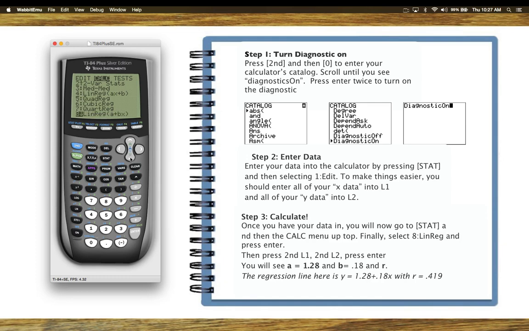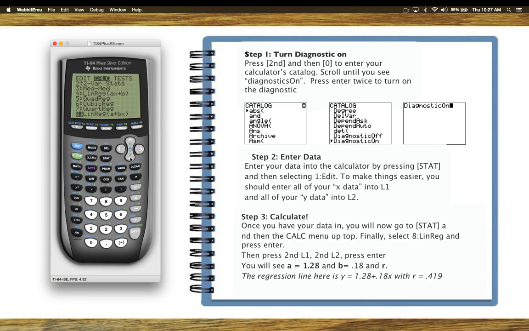That's also the linear regression line, but this is in the form a plus bx, and that's usually how we write it in statistics, where a corresponds to the y-intercept and b corresponds to the slope from a linear equation, just like in algebra.